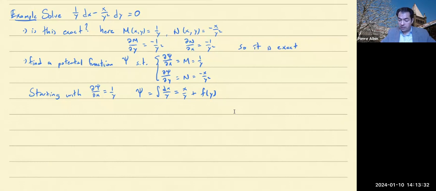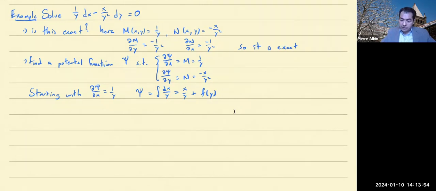Because this is just our ambiguity when we're computing this antiderivative with respect to the x variable. And so a function of y would have 0 derivative with respect to x. So it counts as a constant as far as this antiderivative computation is concerned.